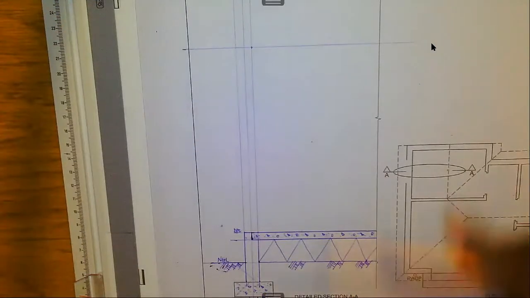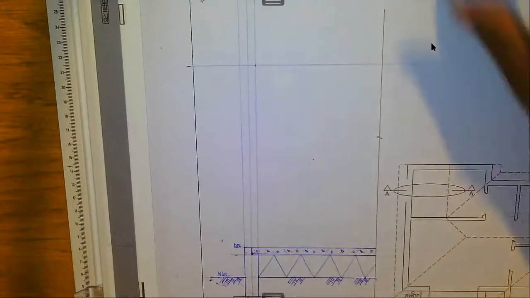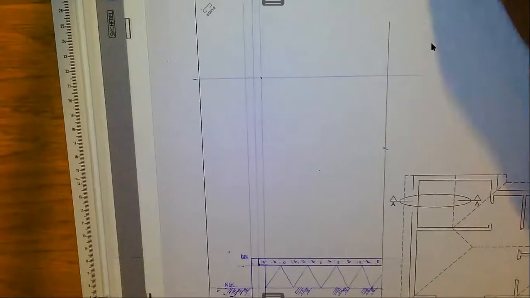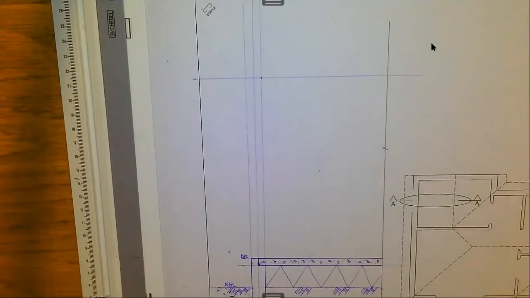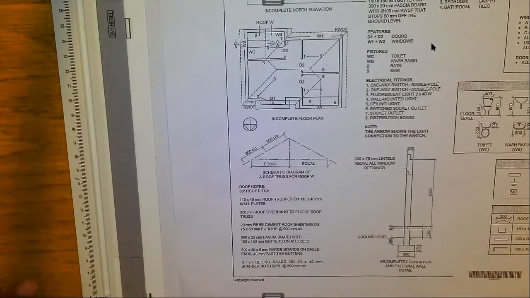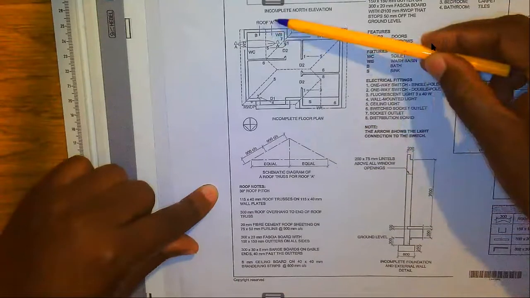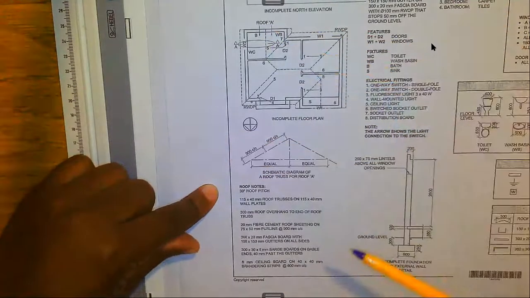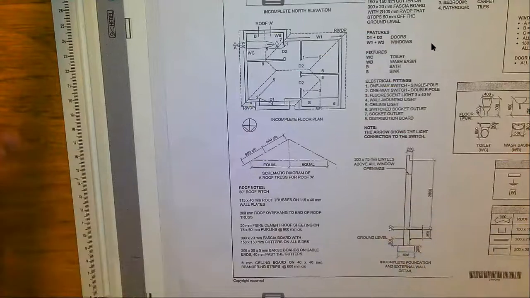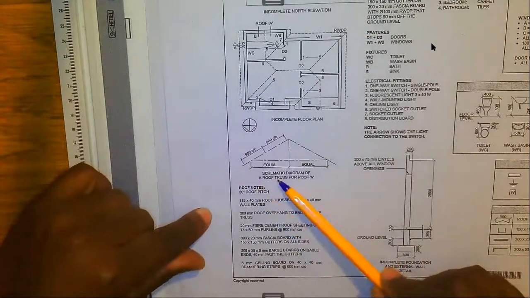So once you have gotten to this point, the next thing that you want to do now is to start with the issue of the roof, okay? Right. You go to this page, look at the information, the schematic diagram of a roof truss for roof A. So if we check with regards to the information that we have got roof A, which is this part. It's not defined in terms of roof B and so forth. So the schematic diagram in terms of roof A, okay?